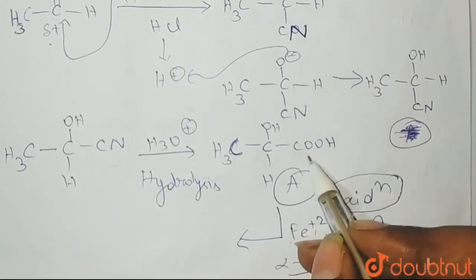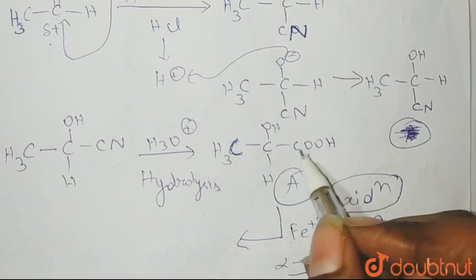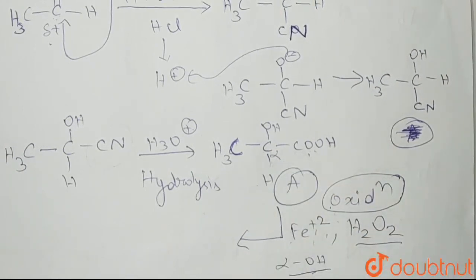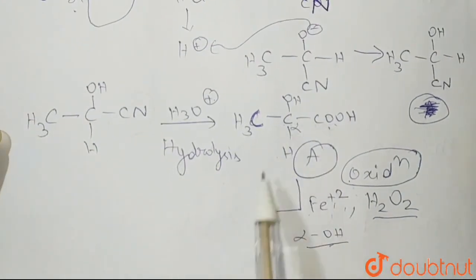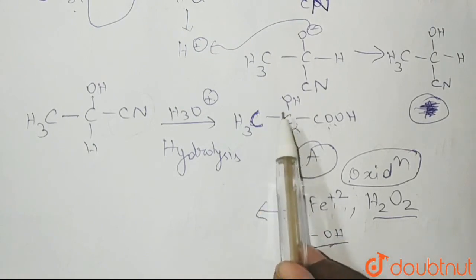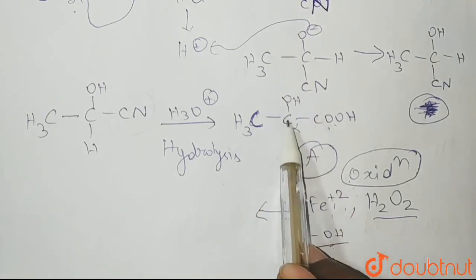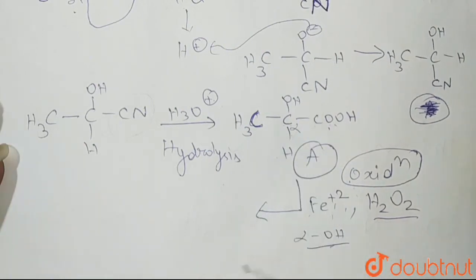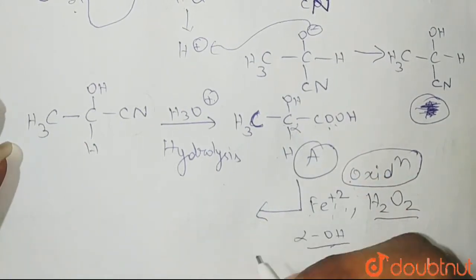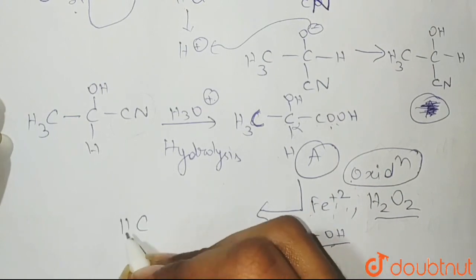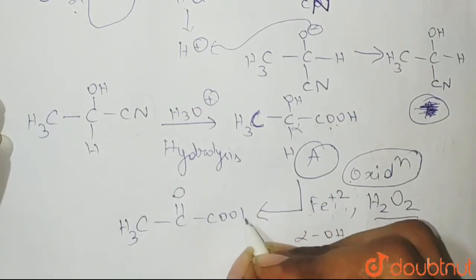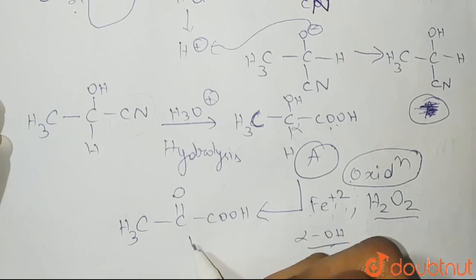Here this is your alpha carbon because it is directly attached to the carbonyl carbon, and on this the hydroxyl group is present. So this will undergo oxidation. This is a secondary alcohol, because this hydroxyl is attached to a carbon which is further attached to two carbons. On oxidation, a secondary alcohol gives a ketone. Thus we will get CH3, C double bond O, COOH as our final product.